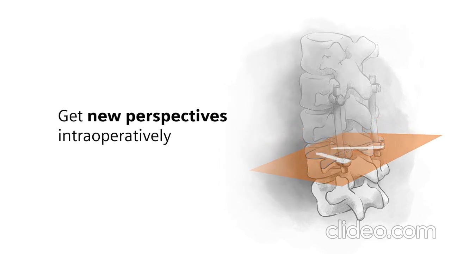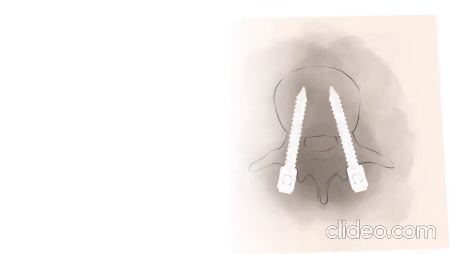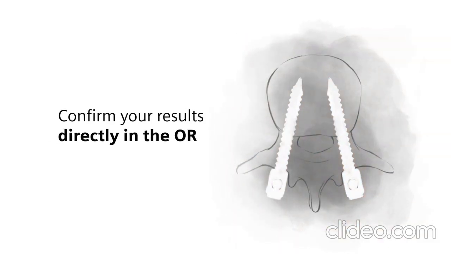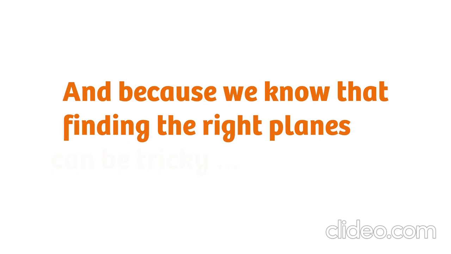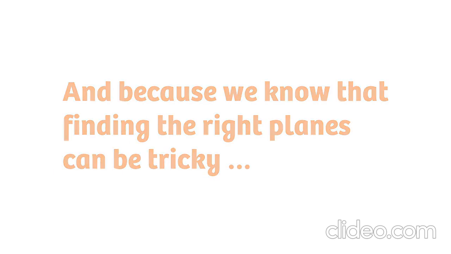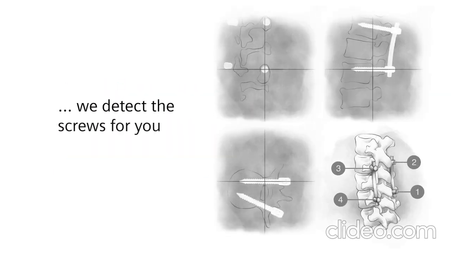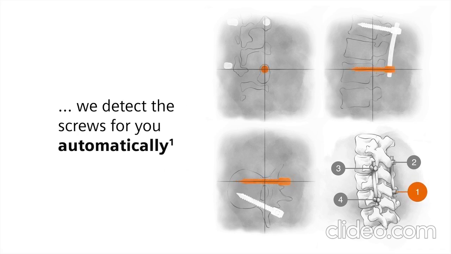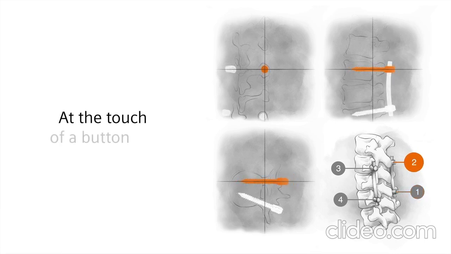Get new perspectives. To confirm your results right there in the OR. And because we know that finding the right planes can be tricky, we detect the screws for you. Just switch from one to the next automatically at the touch of a button.